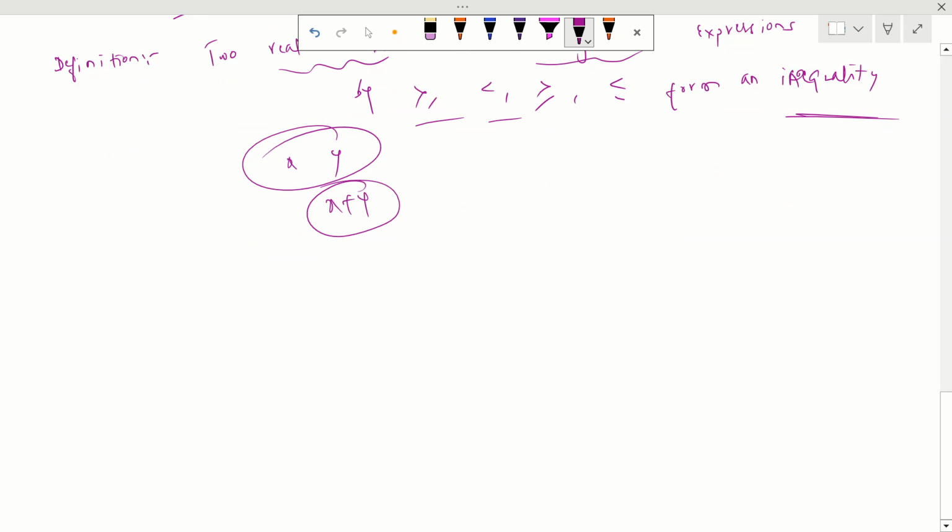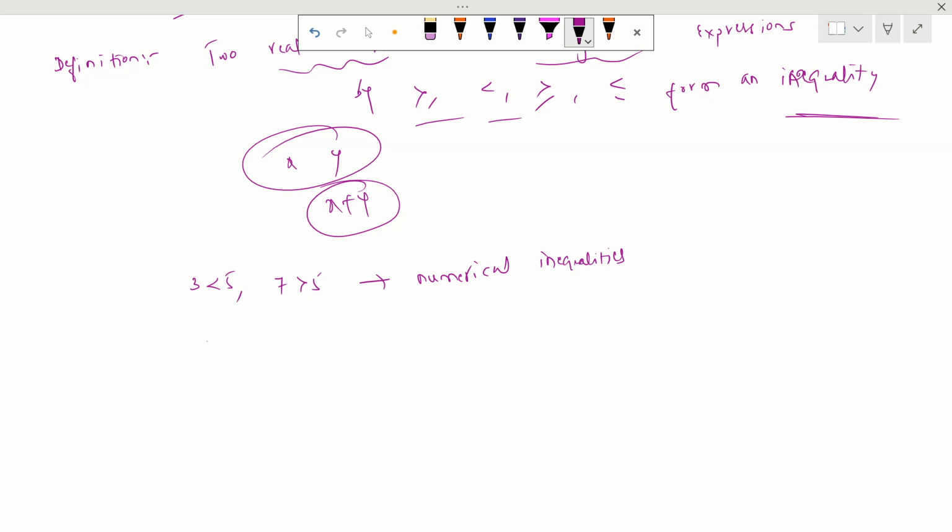I will give an example here. 3 is less than 5, 7 is greater than 5. Such expressions are called numerical inequalities.